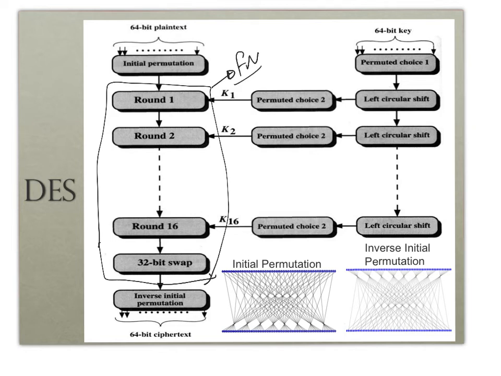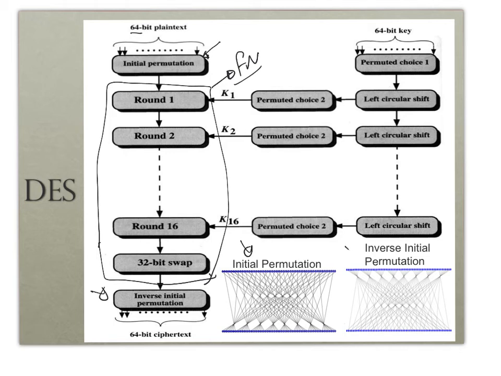We did not do anything with this. Round 1 until round 16, and then the 32-bit swapping. What we added here is only the initial permutation and the inverse permutation. So we do the initial permutation, and we do one final permutation, which is sort of a reverse.